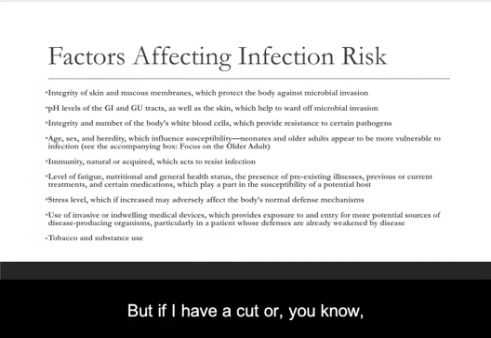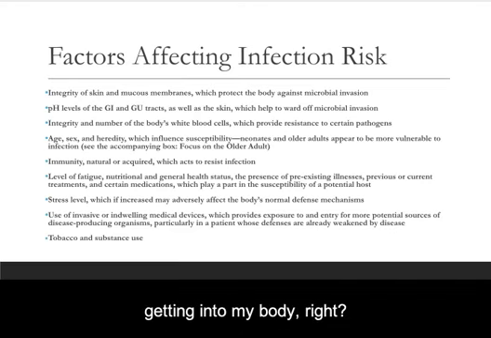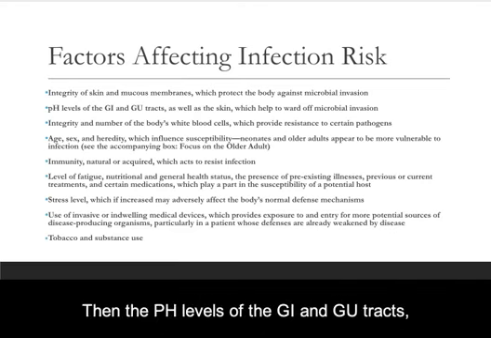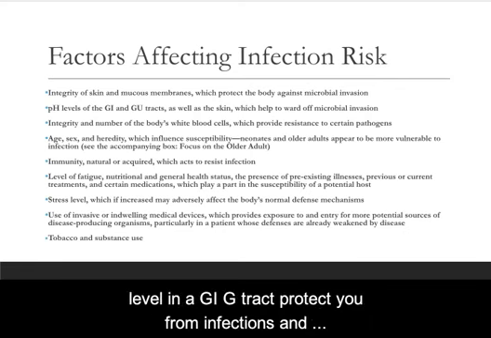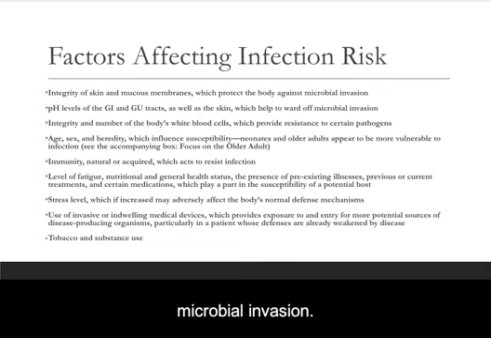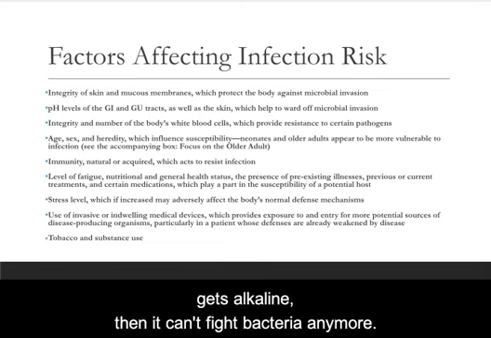But if I have a cut or an incision or something, then now I'm open to bacteria getting into my body. Then the pH levels of the GI and GU tracts. For example, your normal flora and your pH level in the GI-GU tract protect you from infections and microbial invasion. So when these get altered, when the pH, for example, gets alkaline, then it can't fight bacteria anymore.